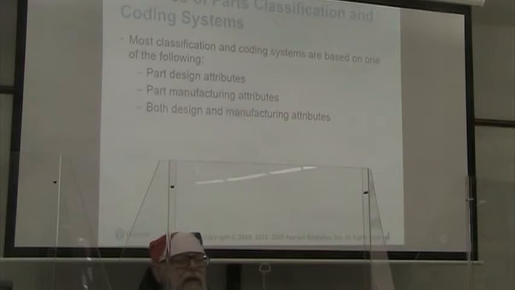So when we classify and code and create a system for that, it can be based on the design attributes of the part, the manufacturing attributes of the part, or both the design and manufacturing attributes.